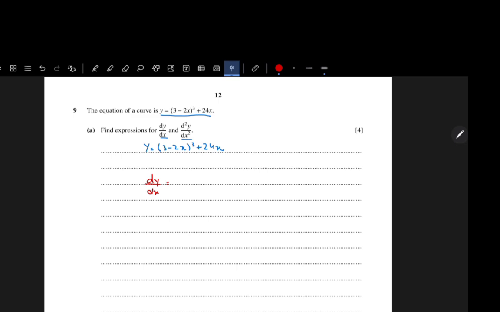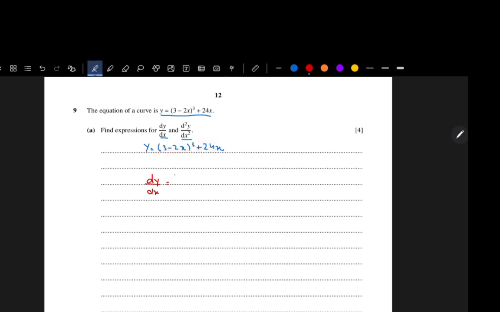So we know that in order to find the derivative, we'll have to take down the power and multiply it. We'll need to subtract 1 from the power, and then we will have to multiply it with whatever the derivative is of the inside term, which is the bracket.